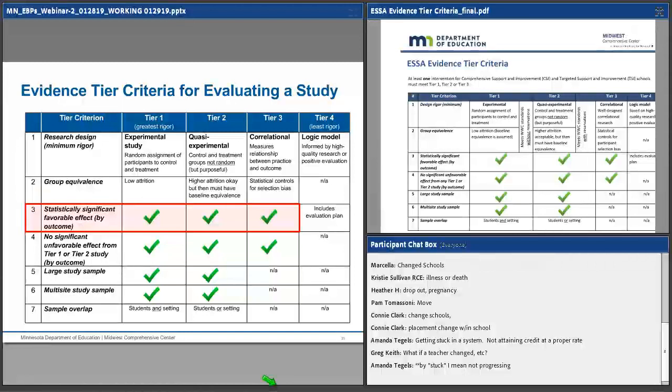And that at criteria number 4, there's no significant unfavorable effects from a tier 1 or tier 2 study by outcome. Right? And what those two mean together are simply that you have at least one study that shows statistical significance, and you do not have another study that shows a negative statistical significance, right? Because that would cancel out the first study.